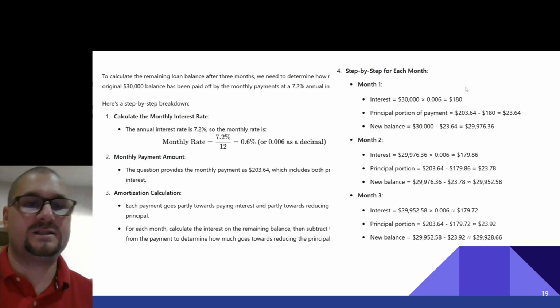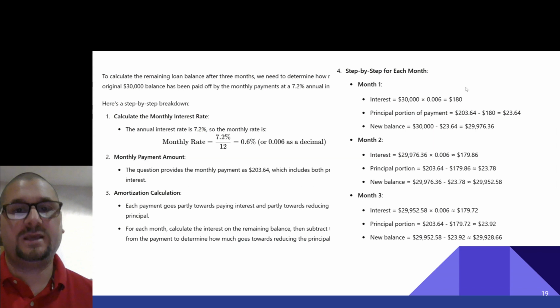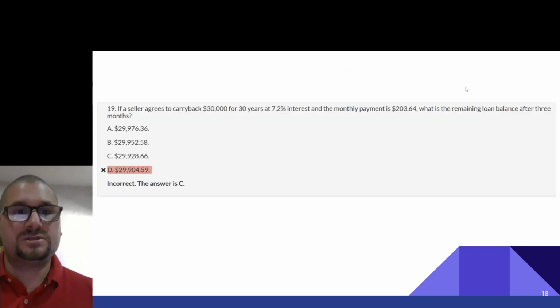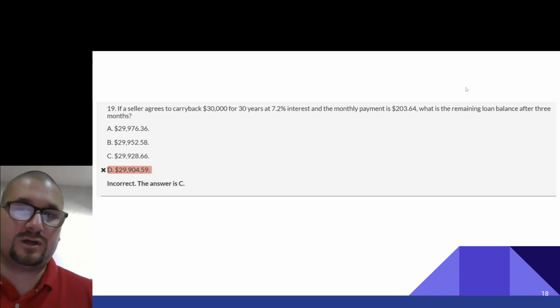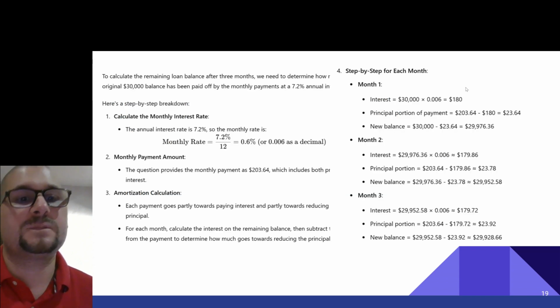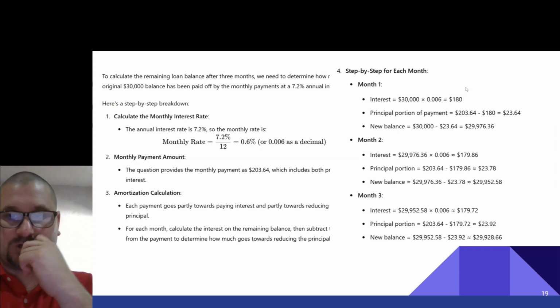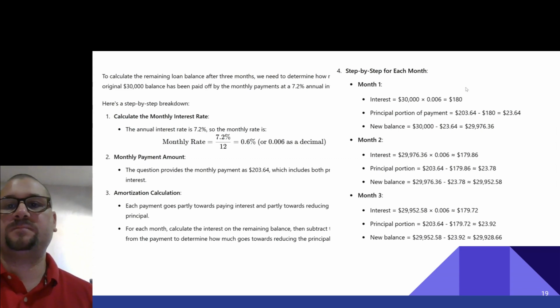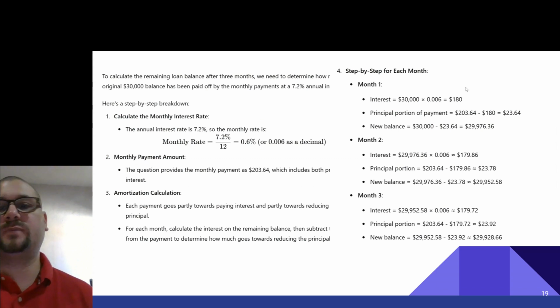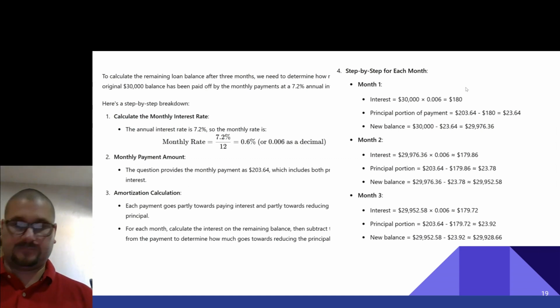The monthly payment is actually given in the problem, $203.64. You're going to use that 3 times for 3 months. So month 1, you get the interest, principal, and new balance. Month 2, interest, principal, new balance. Month 3, interest, principal, and new balance.